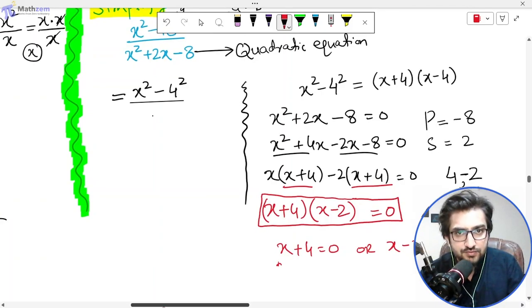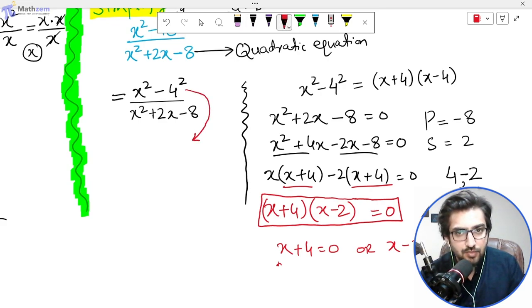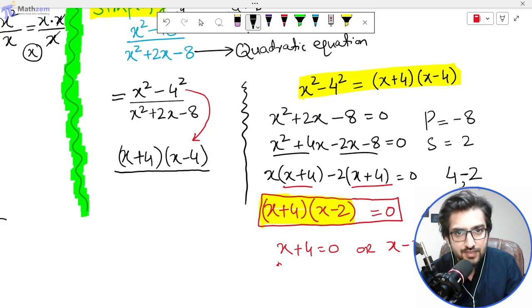So let's do that. Now I will replace the numerator by this, and I will replace the denominator by this.